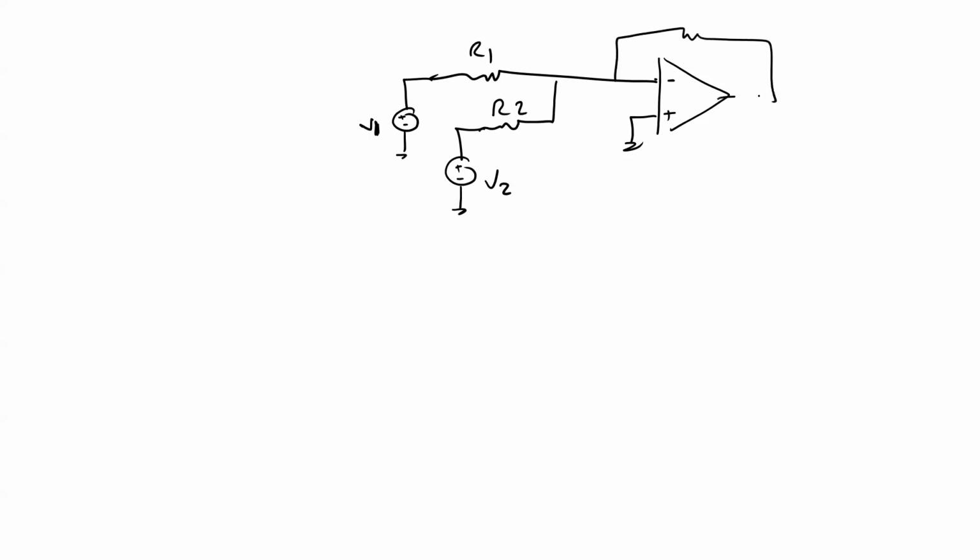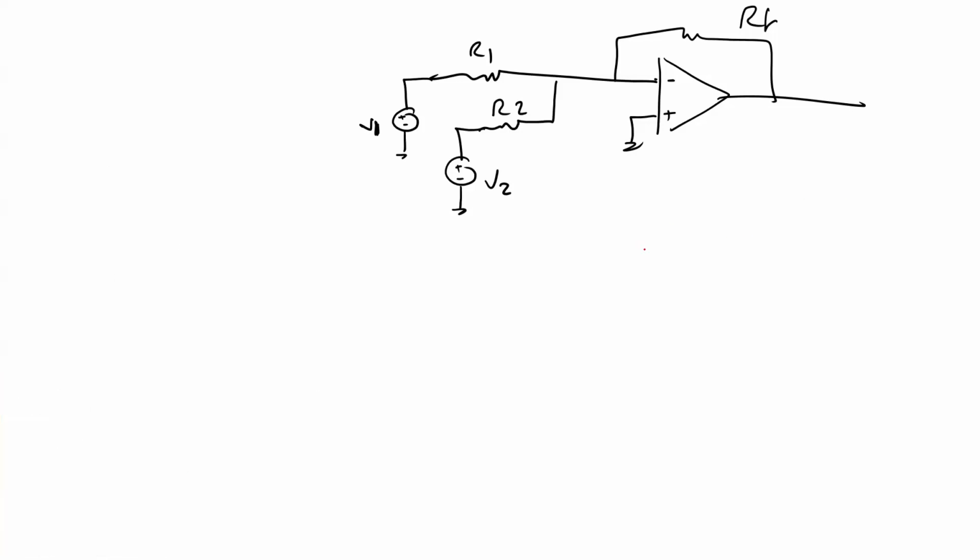Here we have R1, and negative V1, and then I'm gonna add one more here for R2, and here we have V1 and V2. Two sources here, and then here we have RF. Again, I'm gonna explain it for two inputs, but you can get the same formula if it is more than two. So this circuit is used if you wanna add inputs together.